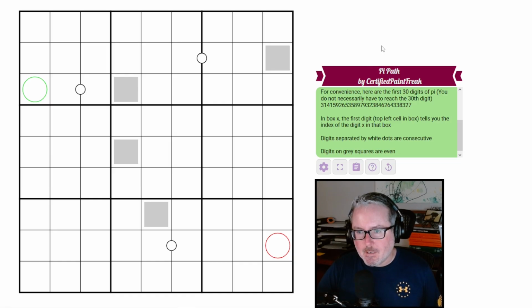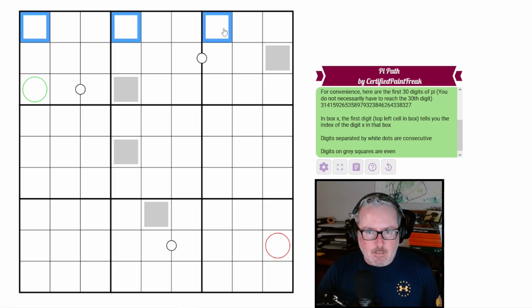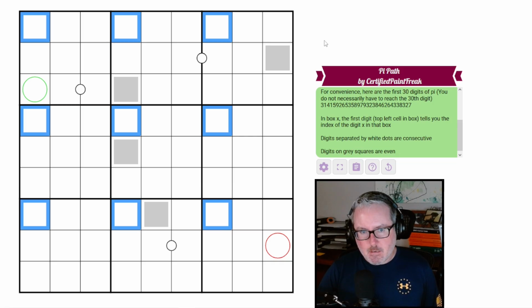Then in box X, the first digit, the top left cell in the box, tells you the index of the digit X in that box. Okay, so I think what that's telling us is these digits are indexing digits. So whatever this digit is, it's going to tell you what position in the box this region's digit is.